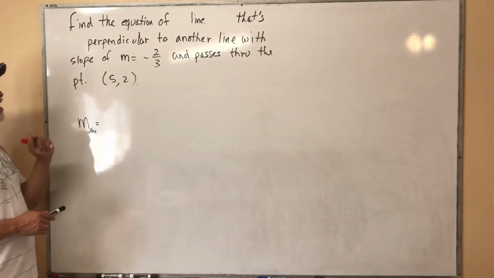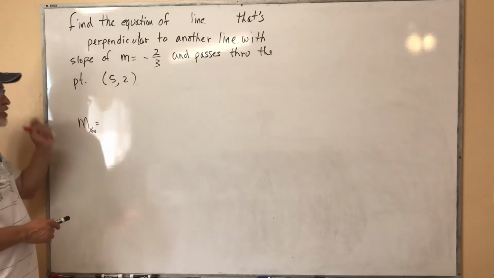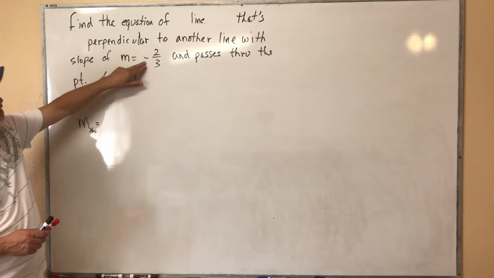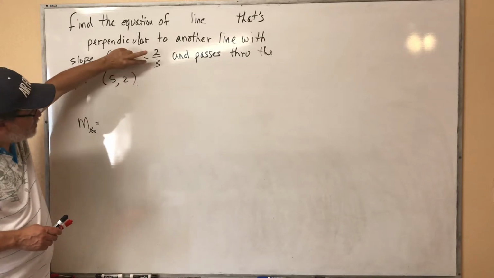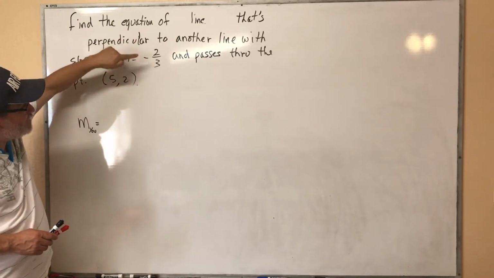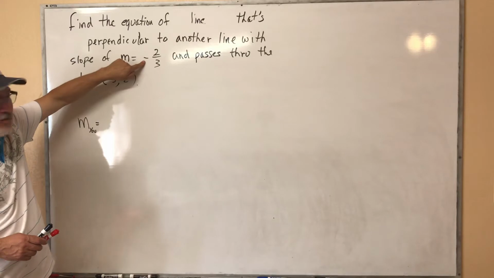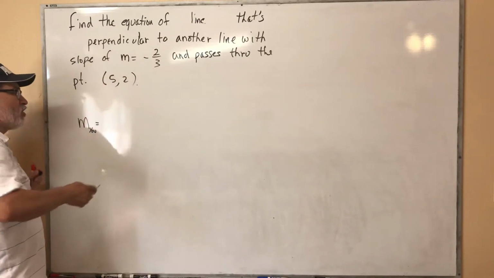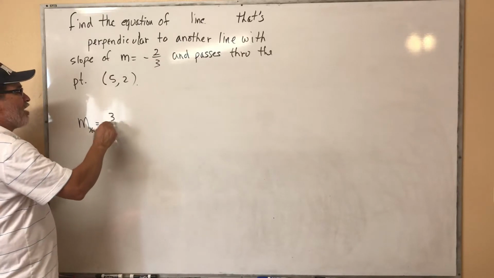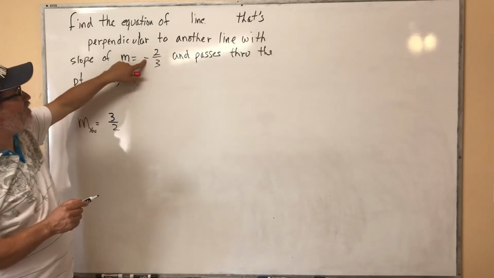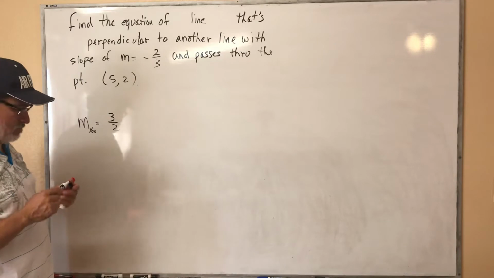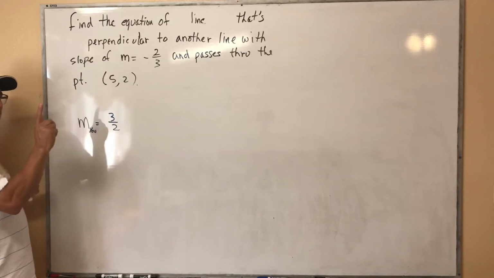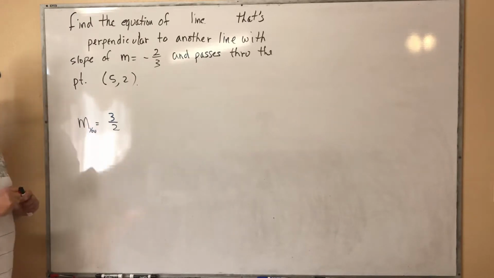The slope of line U. That's what you want. It's perpendicular to this one. So all you do is take the reciprocal and the opposite. The reciprocal is 3/2. The opposite is positive. So that's the slope of the line you're looking for. Right there.